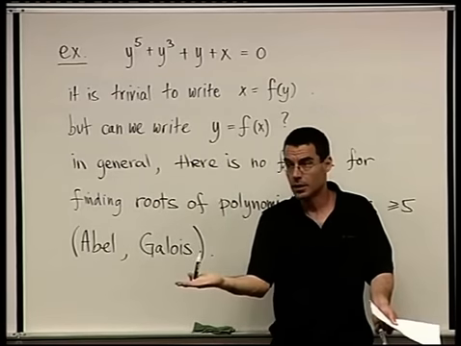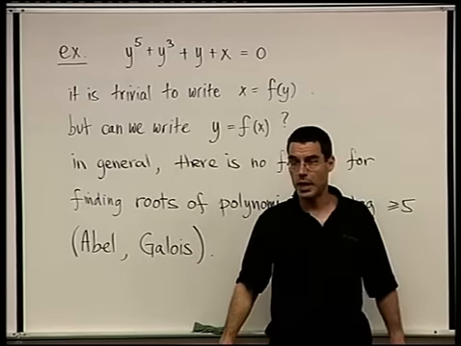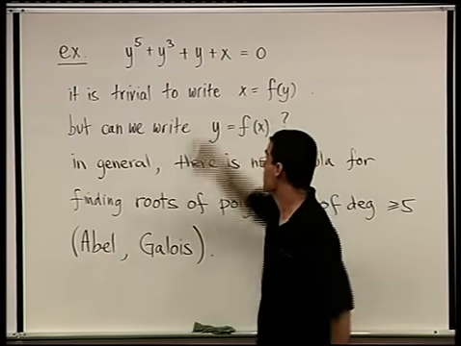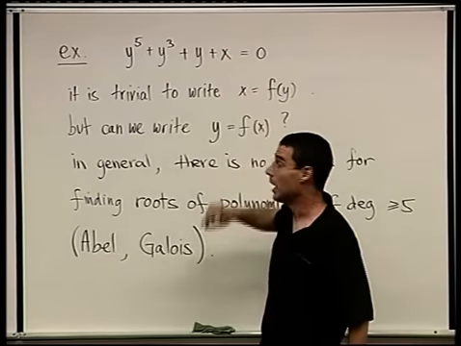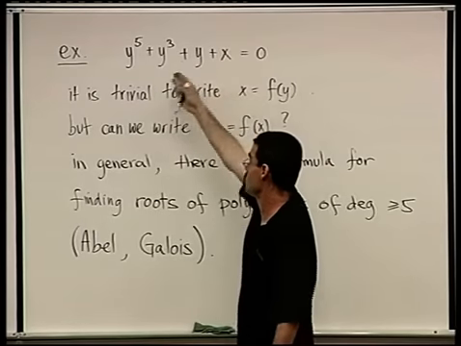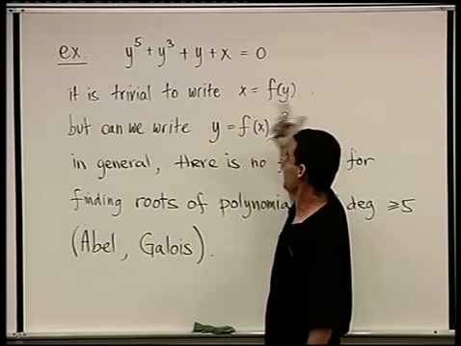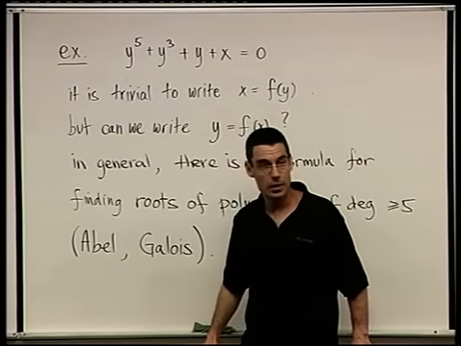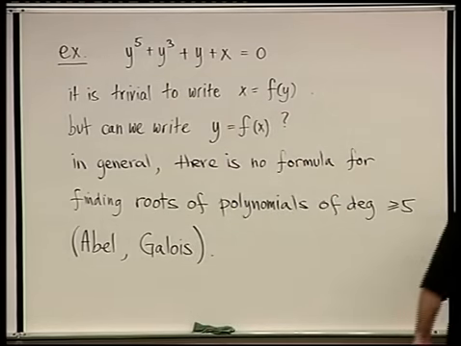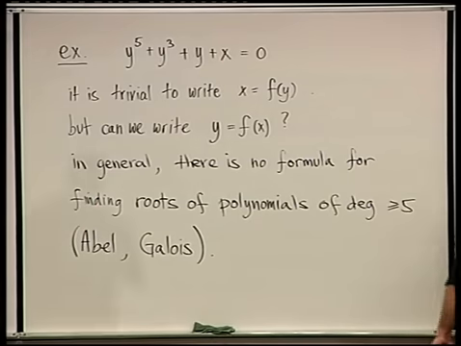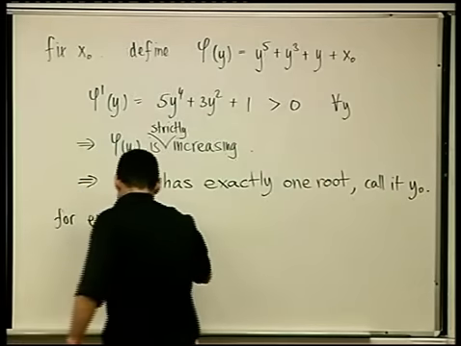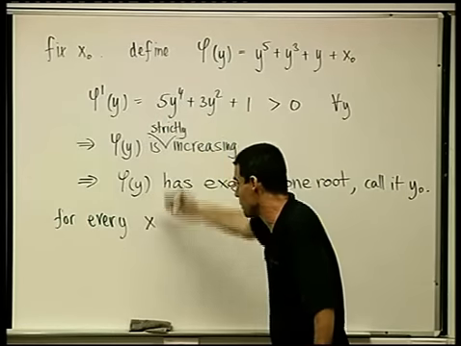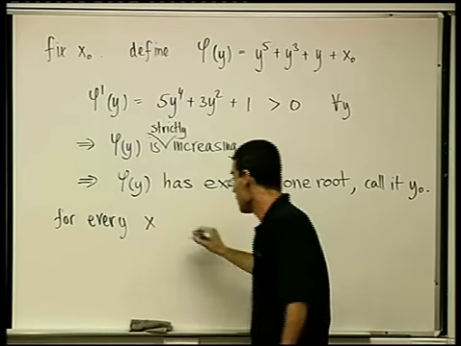That's a function. But I don't have a formula for it. I just argued that it exists. Give me an x, x0. I give you a y, y0, for which y equals f of x, for which this thing is 0. Do you agree? Okay, so for every x, x0 was a specific one, but take any x, you can do it.